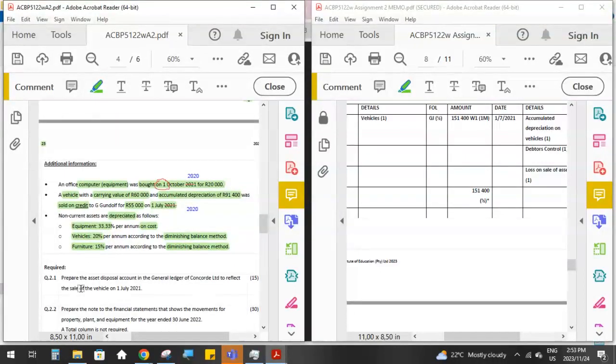So the first thing that they want us to do is prepare the asset disposal account to reflect the sale of the vehicle on the 1st of October 2020.